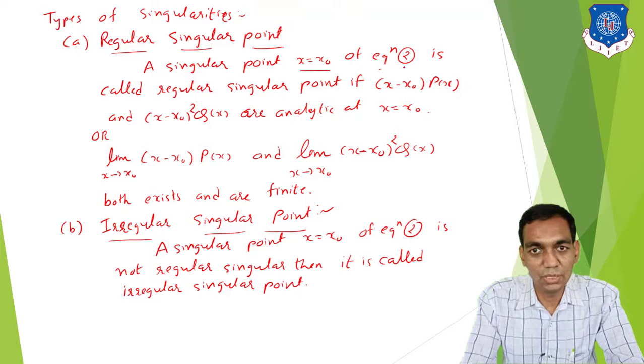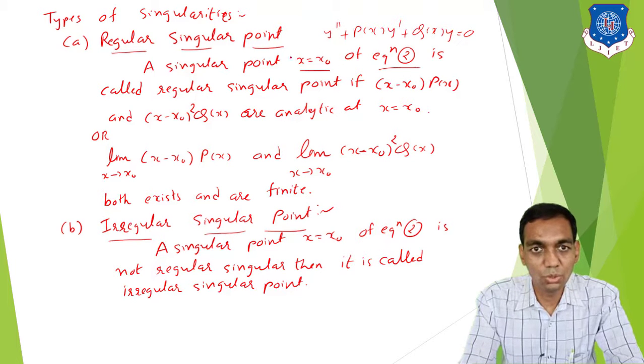And this is for equation 2, your standard equation y double dash plus p(x) y dash plus q(x) y is equal to 0. If we put this value in p(x) and q(x), and they are not defined at x0, that means that is a singular point.